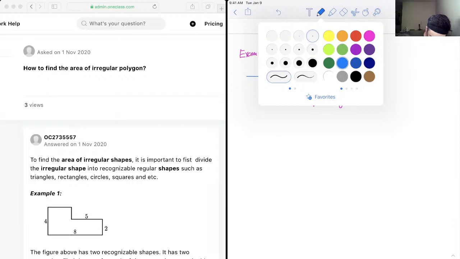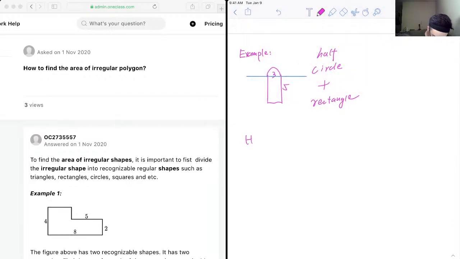So in terms of the half circle, it is given by 1 over 2 times pi r squared, which in this case will be, let's use 6. Okay, because if the diameter is 6, then the radius will be 3.